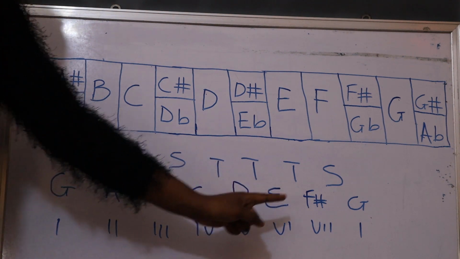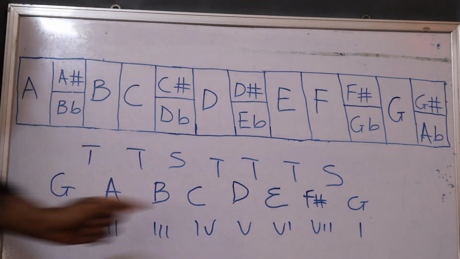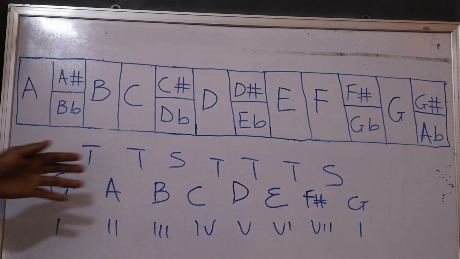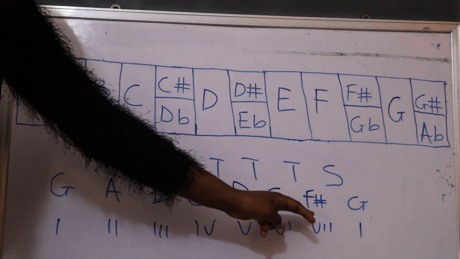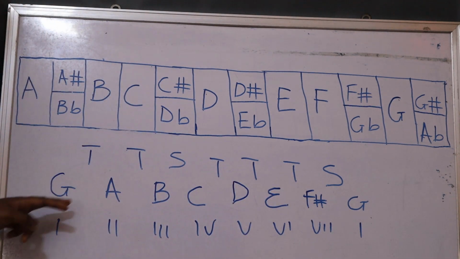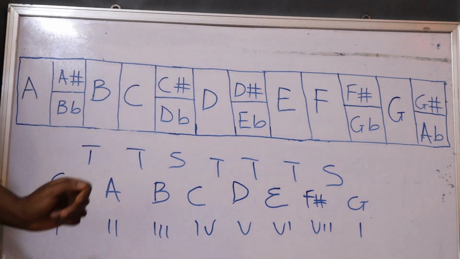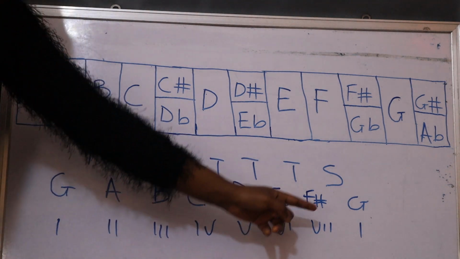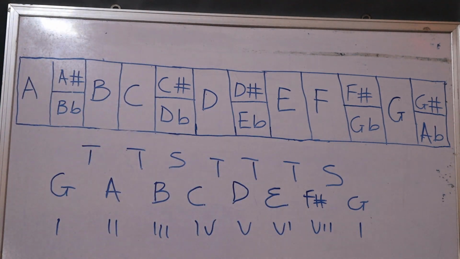So for this scale, we'll have to choose F sharp, because if we say G flat, that means we have two G's already, and it's kind of confusing. So we have G, A, B, C, D, E, F sharp, and G. In this context, it is better you write F sharp instead of G flat. So this now is the G major scale.